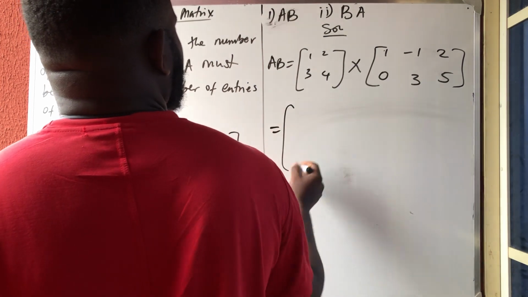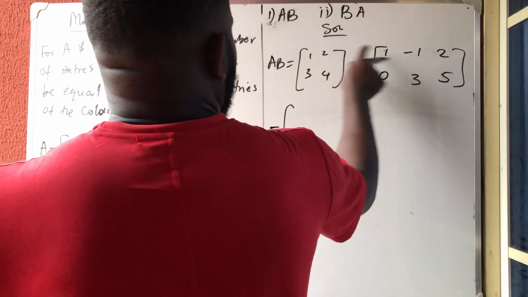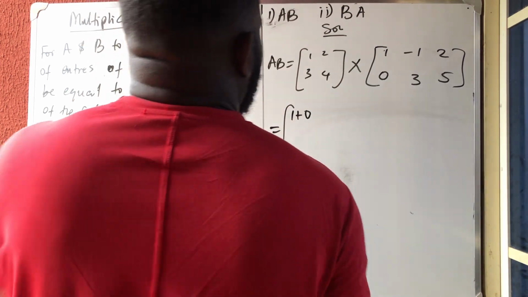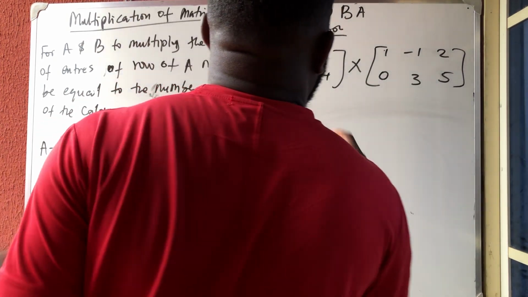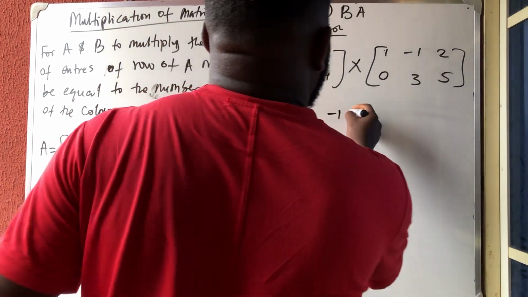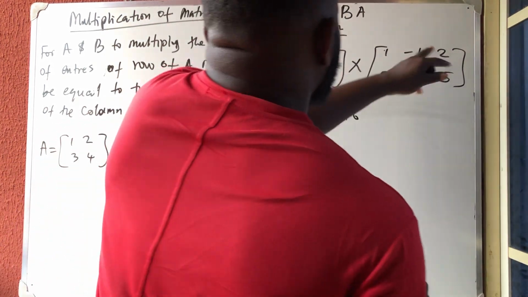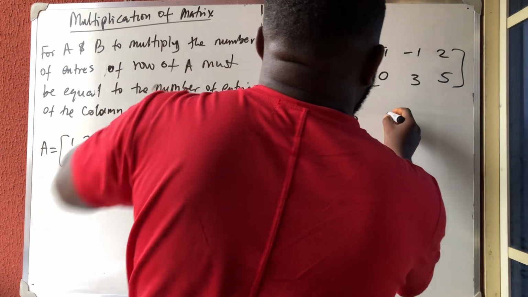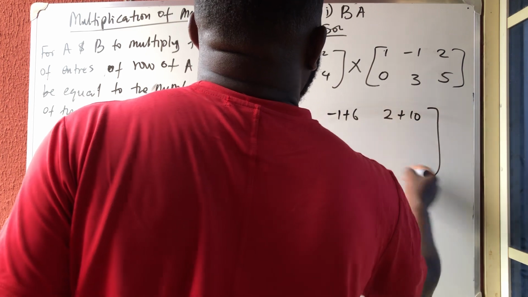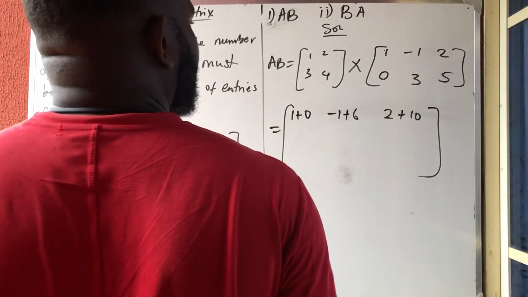So this is equal to the row meeting the column. 1 times 1, 1, plus 2 times 0, 0. Now the next one: 1 times minus 1, minus 1, 2 times 3, you have 6. The same thing here: 1 times 2 is 2, 2 times 5 is 10. I'm done with the first row.